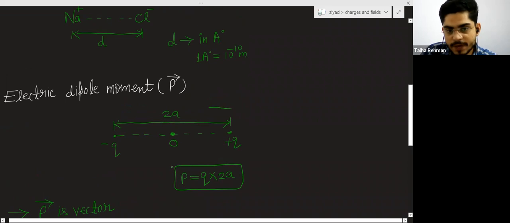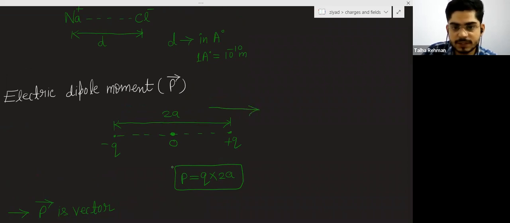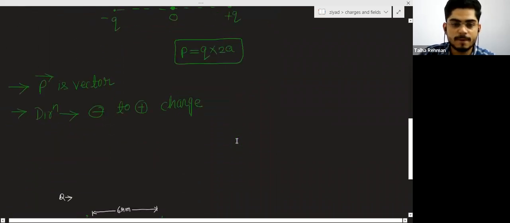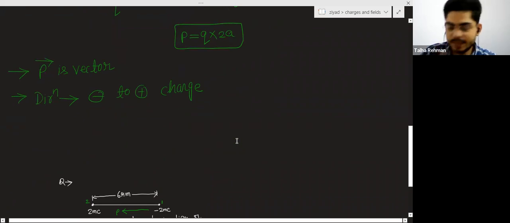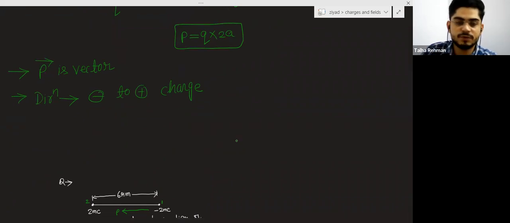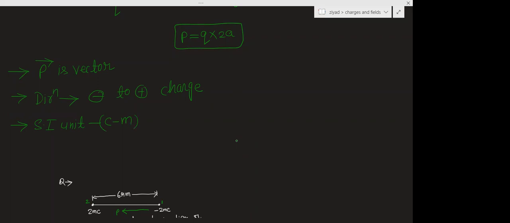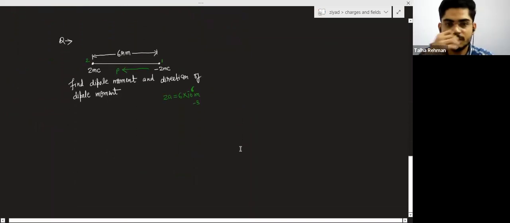If you have a dipole moment like this, then this is the direction of dipole moment from negative to positive charge. And if we talk about the SI unit of dipole moment, you can calculate the unit from here. Unit of charge is coulomb and unit of distance is meter. So coulomb meter is the SI unit of electric dipole moment.